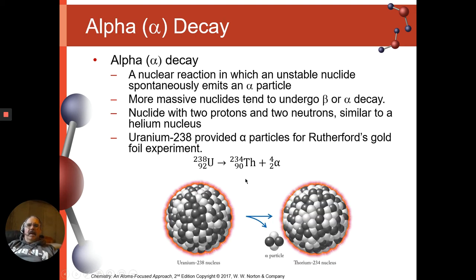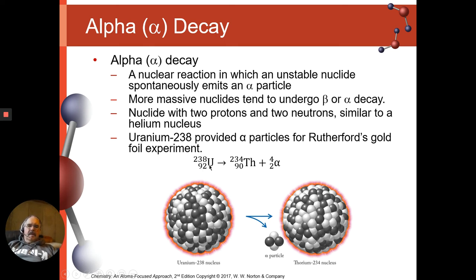Alpha decay occurs mainly where the atoms are just too big. So this is the major decay mode among the heavier elements, such as uranium. Uranium-238 undergoes alpha decay to produce thorium-234.